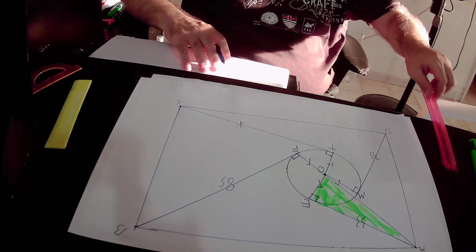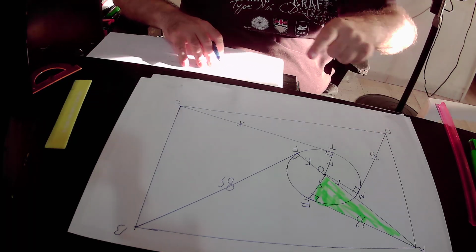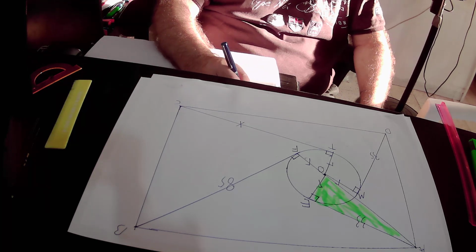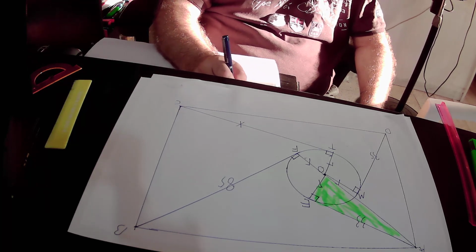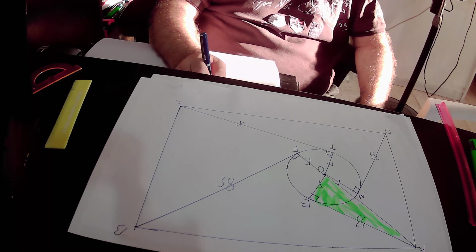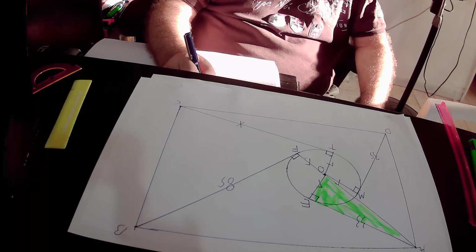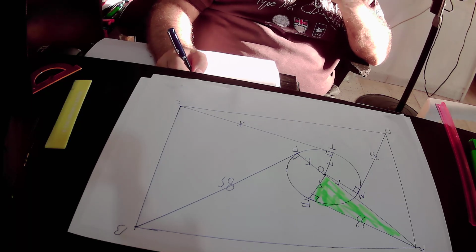Repeat again, we will implement the Pythagoras theorem on the right green triangle, triangle AOE. Here, PT is an abbreviation for Pythagoras theorem. According to the Pythagoras theorem, the square of the hypotenuse equals the sum of the squares of the perpendiculars.